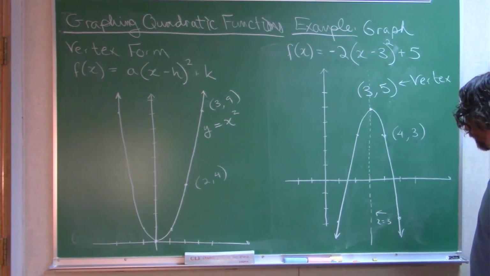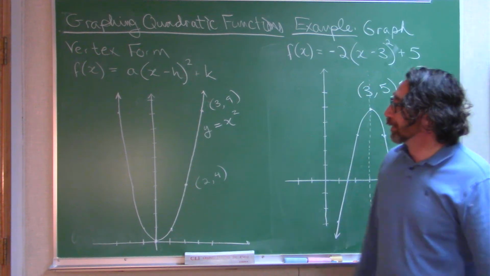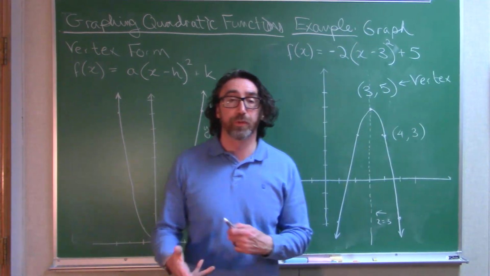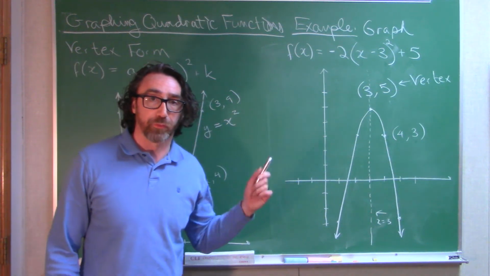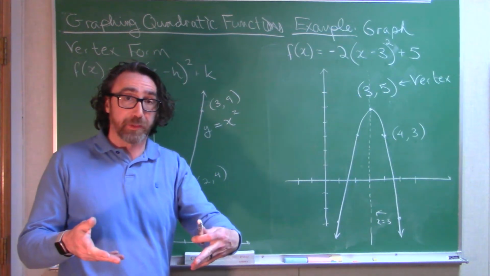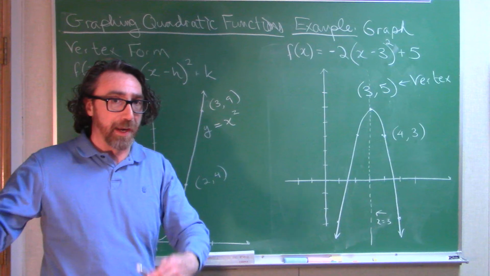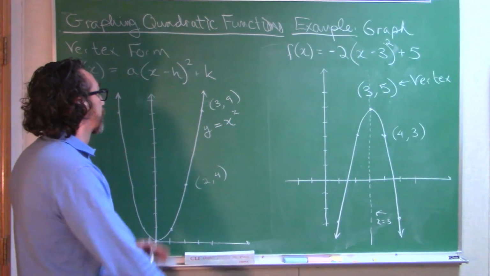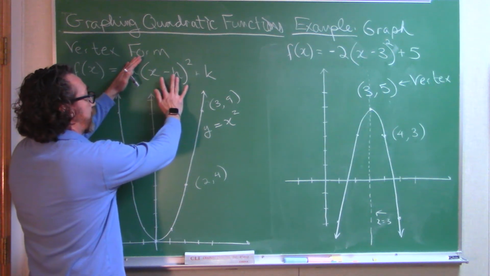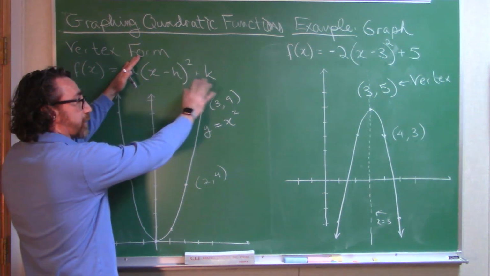Okay? So, it's fairly easy to get the graph of a quadratic function that's in vertex form if you've done the practice that we have assigned for absolute value functions. It's the same idea. Inside there tells you what to do horizontally, horizontal translation.